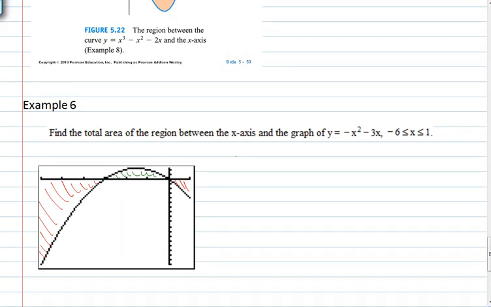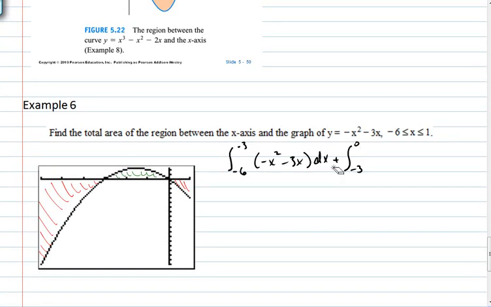So this is going to be the integral, when I set this up, for this first region, from negative 6 to negative 3 of negative x squared minus 3x dx. Plus, then we have the integral from negative 3 to 0.